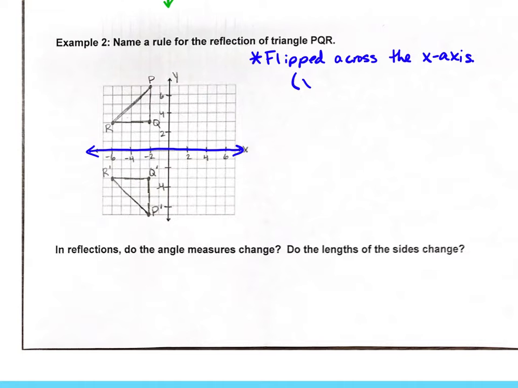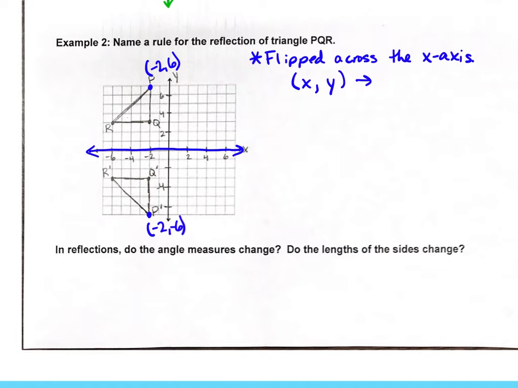And so I'm going to figure out what that rule is. I can see that going from point P to point P prime, I had the ordered pair negative 2, 6, and it became the ordered pair negative 2, negative 6.